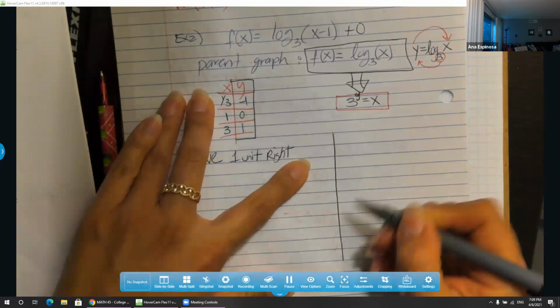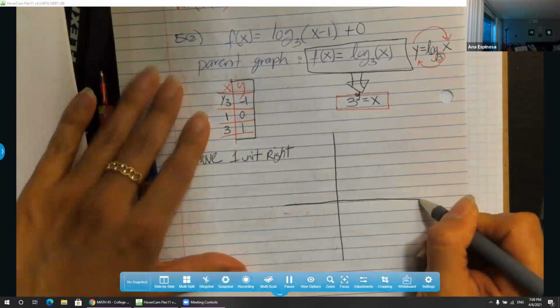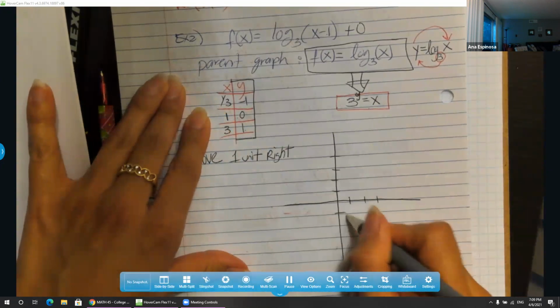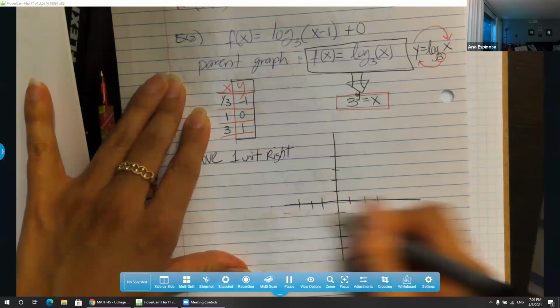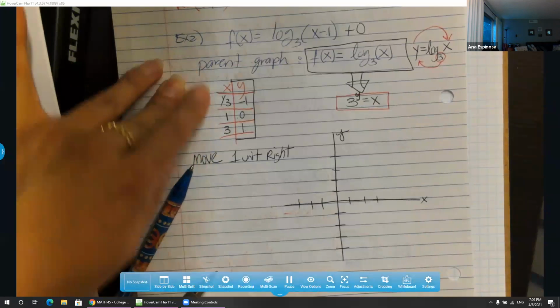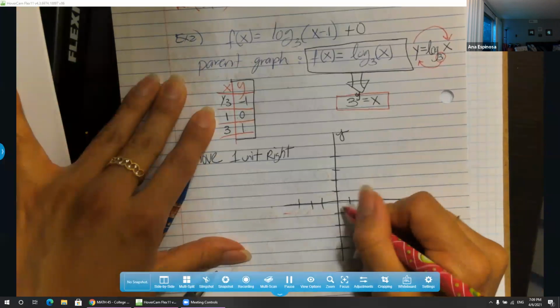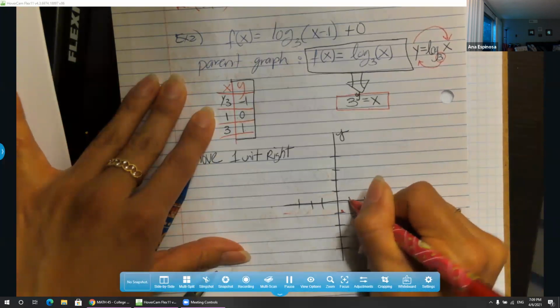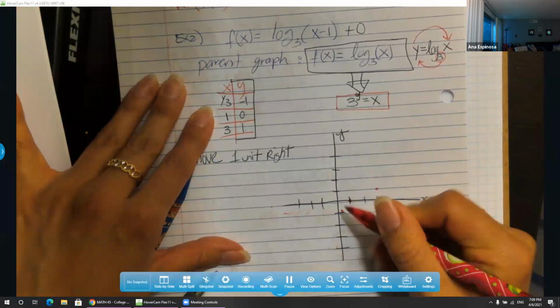Let's make a really quick sketch. I'm not even using graph paper because it's so quick. 1/3, -1. 1, 0. 3, 1. This one's going to curve.